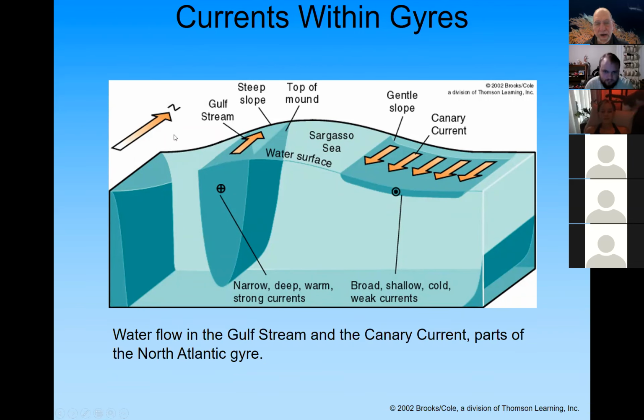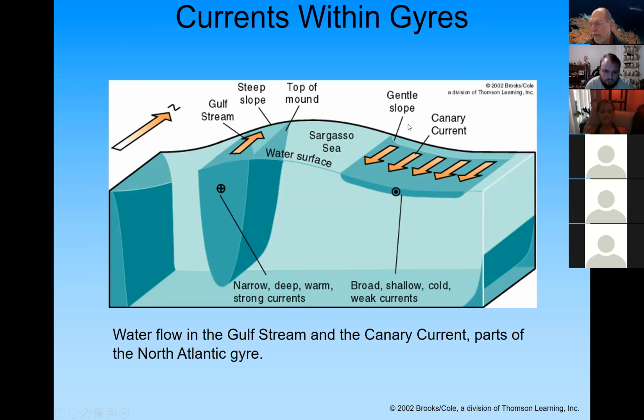Well, that gyre, that circulatory pattern, comes back the other way in what's called the Canary Current. And that Canary Current is broad, shallow, cold. So this is a typical flow within a gyre, and it pertains no matter where you are on the planet, that there's this western intensification.